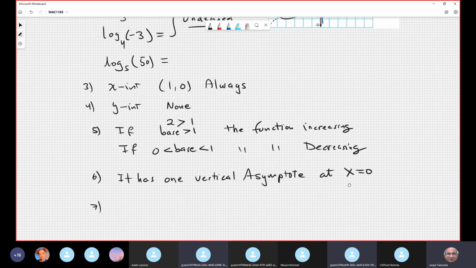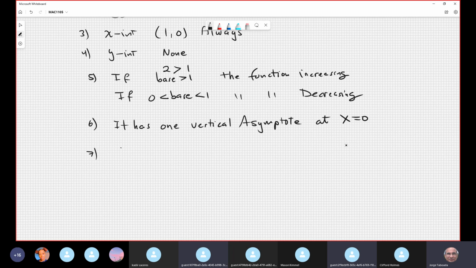Okay, we use them to do the graph. Typical points are, for example, the universal point. In the logarithm it is always (1, 0).